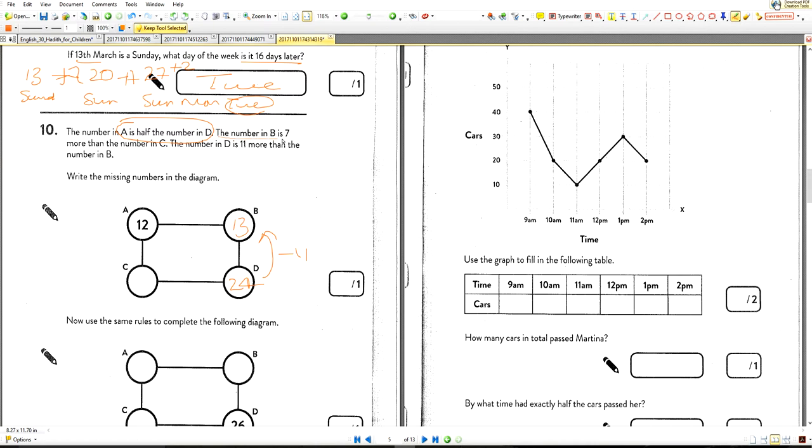Then we go back to the second clue. The number in B is 7 more than the number in C, so C will have to be 6, because 6 add 7 will give you 13. That's done. Let's move on to the next question.